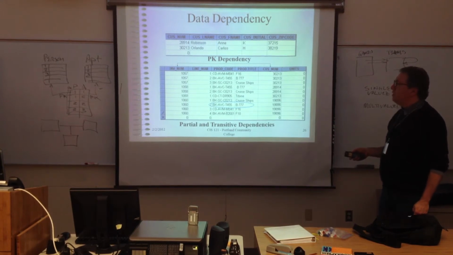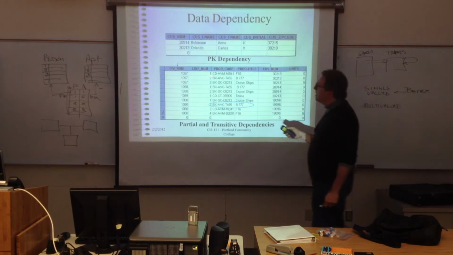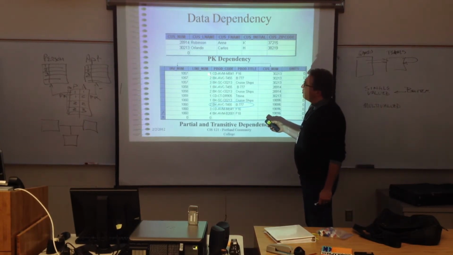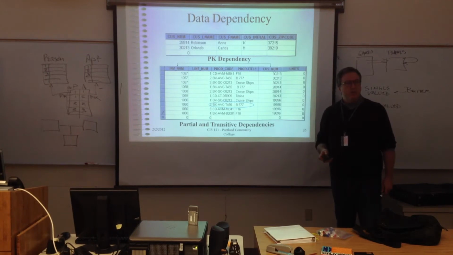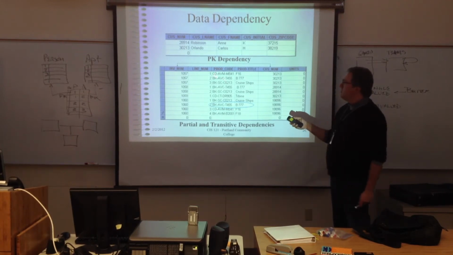I've got a bunch of invoices here. 157, 1057, 1058, 1059. Each one of them has multiple line numbers. So I've got line number 1, line number 2, line number 3. These are the invoice of 1057. Each of those line numbers has one product. There's some sort of product code.